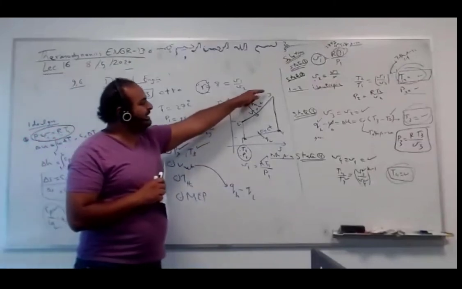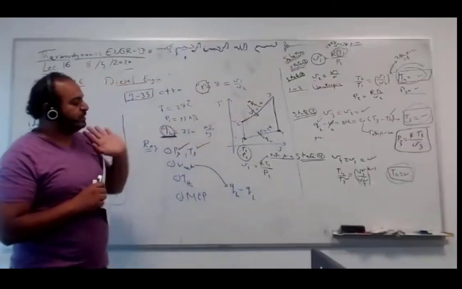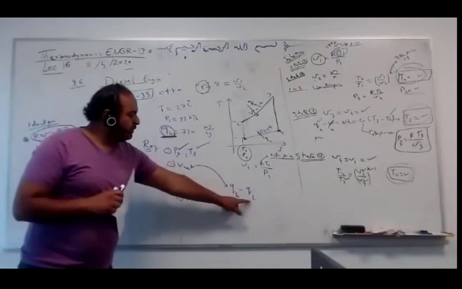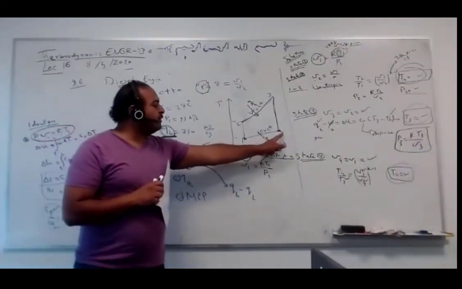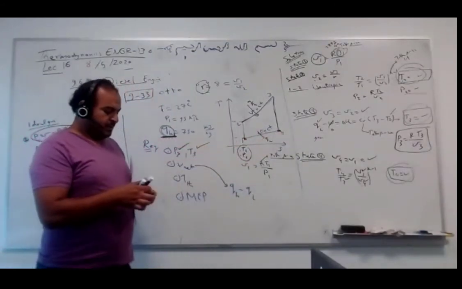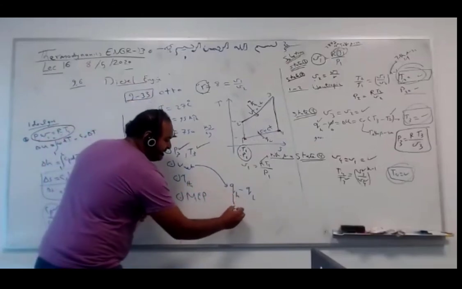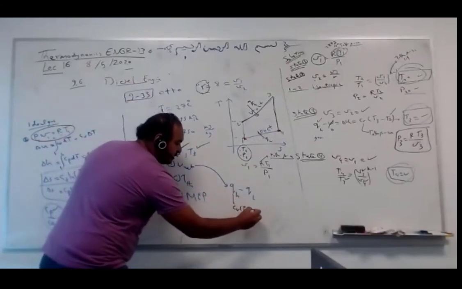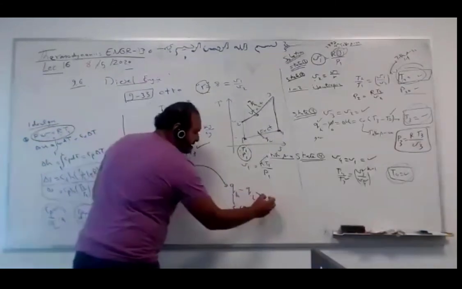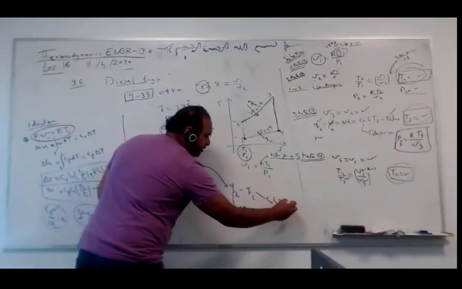If you have all the temperatures, you are done. Q low is CV times (T4 minus T1).